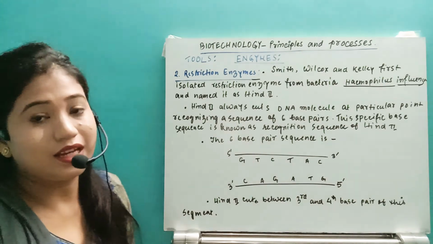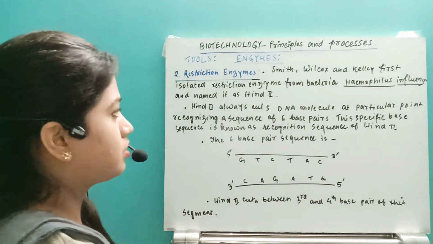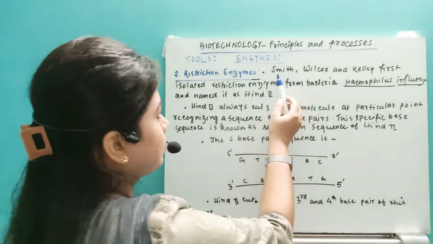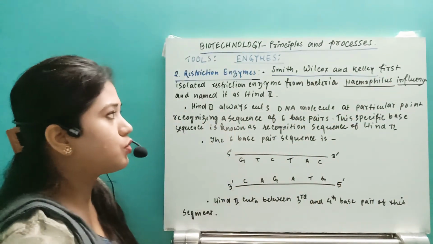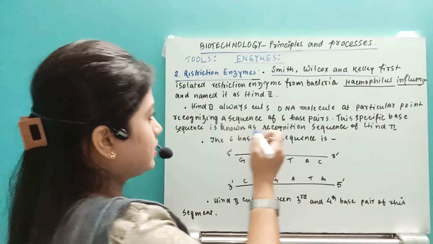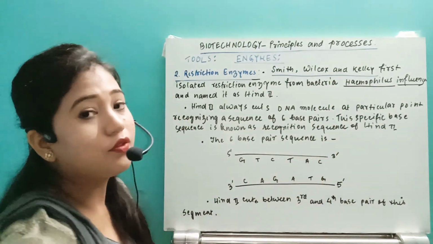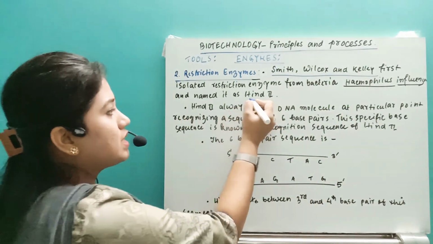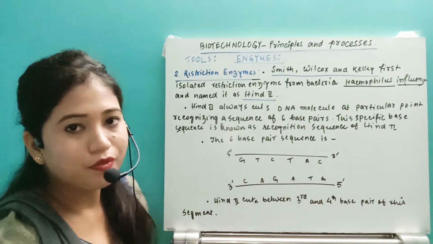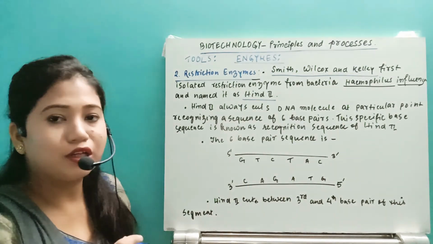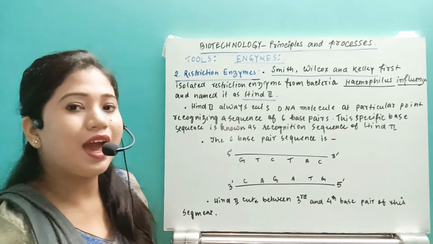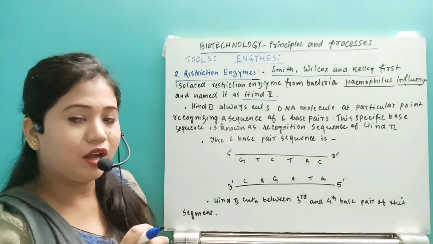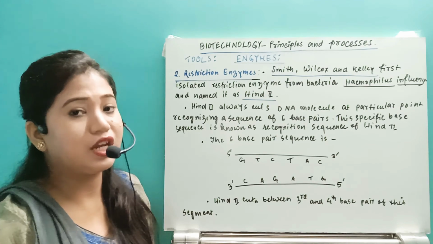Now let us see the three scientists, Smith, Wilcox and Kelly. They first isolated the restriction enzymes from the bacteria Haemophilus influenzae and named it HindII. Okay, there are nomenclature rules by which we name a specific restriction endonuclease.